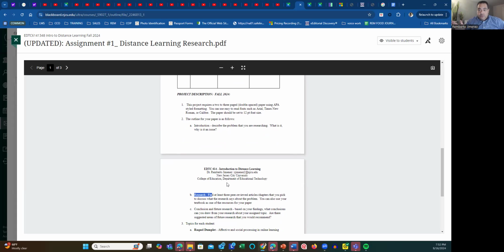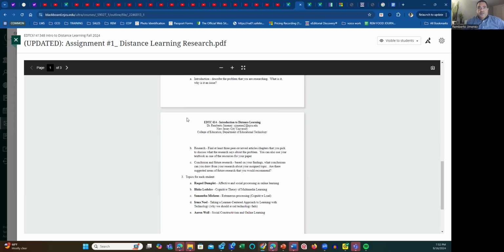You can have more, depending on your topic. But stick to writing 2 to 3 pages max. Don't go beyond 3 pages. And do what you can to provide some research about the topic. You can also use your textbook as one of those resources. Hint, hint, hint.